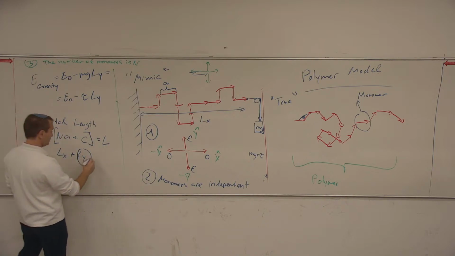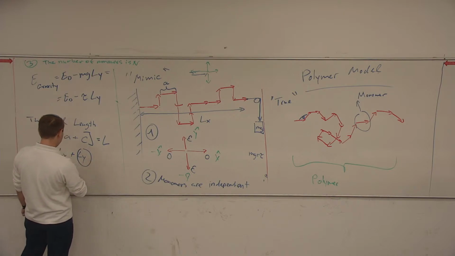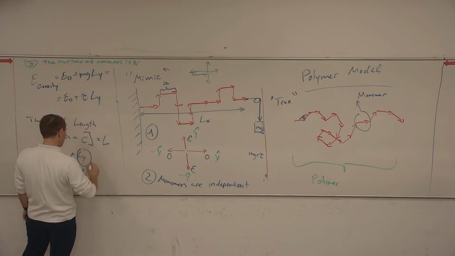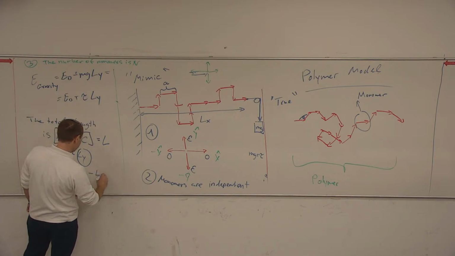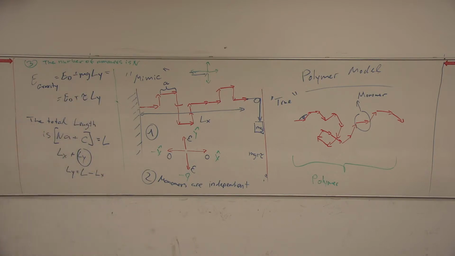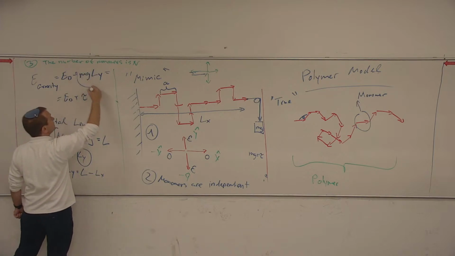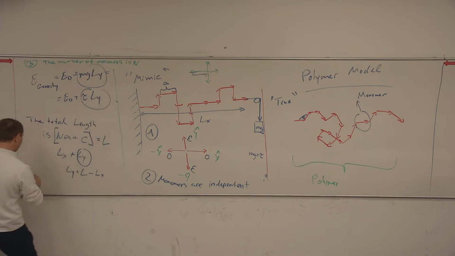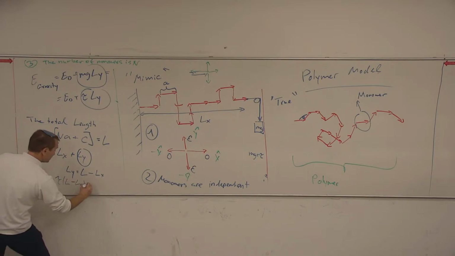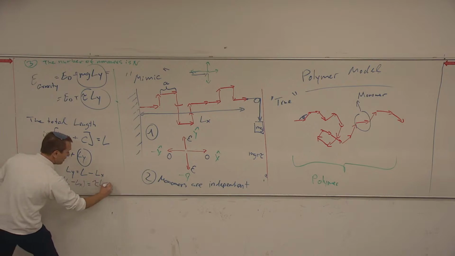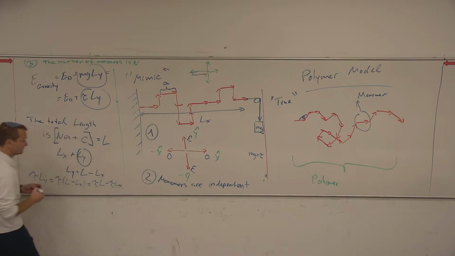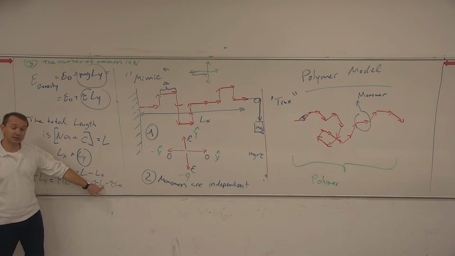So Ly equals L minus Lx. So all of this, tau Ly, equals tau multiplied by L minus Lx, which is tau multiplied by L minus tau multiplied by Lx. Okay, so this is a constant.